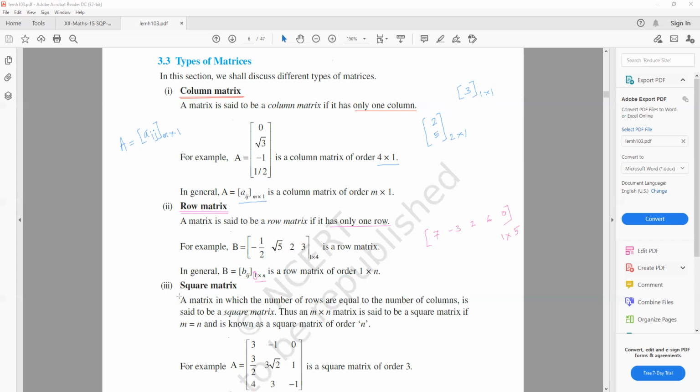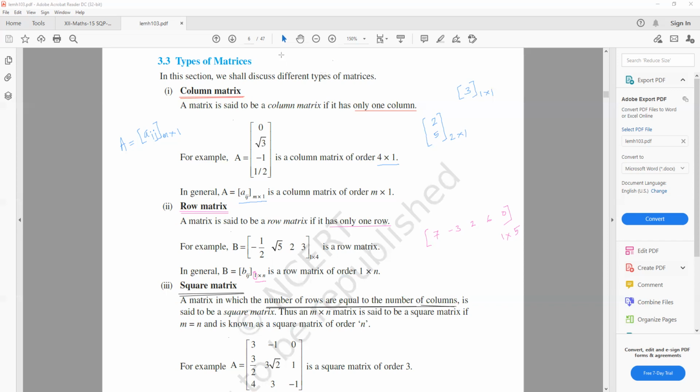Now the next one is the square matrix. Square matrix means the number of rows and number of columns are equal.